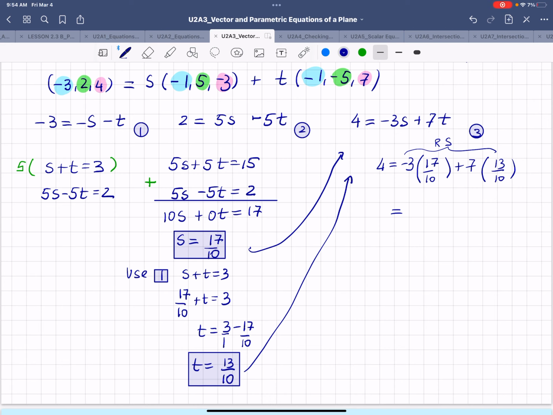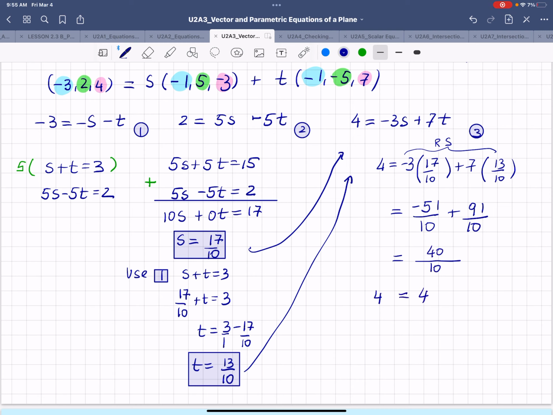That would be negative 3 times 17, which is negative 51 over 10, plus 7 times 13, which is 91 over 10. That equals negative 51 plus 91 over 10, or 40 over 10, which is 4.